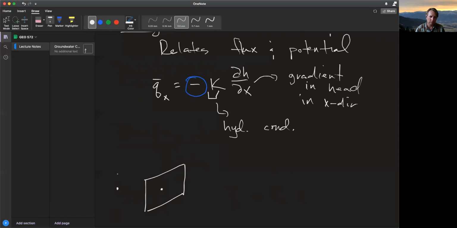At this one, let's just say that we have a head of 10. And at this point, let's just say that we have a head of 9. And the distance between them in the x direction, we're going to say is 10.